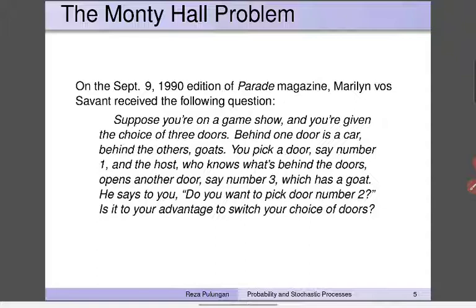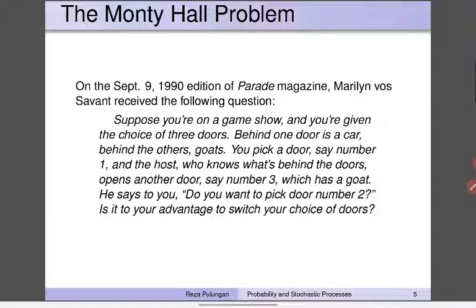This is one of the examples. On the September 9th, 1990 edition of Parade magazine, Marilyn vos Savant received the following question in a letter. Suppose you are in a game show and you are given the choice of 3 doors. Behind one door is a car, behind the others, goats.